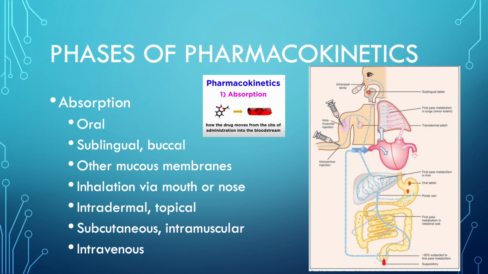Because oral medications or enteral medications have to go through our GI tract first, there are lots of things that can influence how fast and how much gets absorbed through that layer of epithelial cells into our blood circulation. If you have a fast gastric emptying time, that medication is going to go through your GI tract much faster.